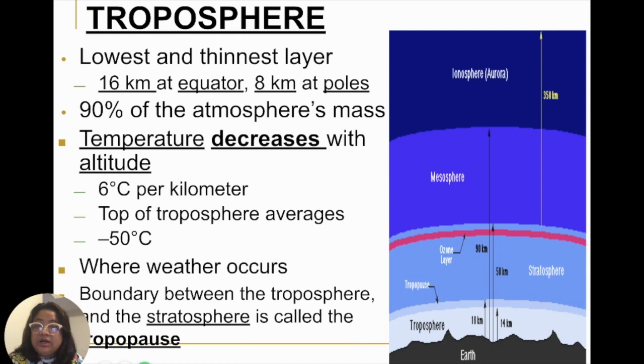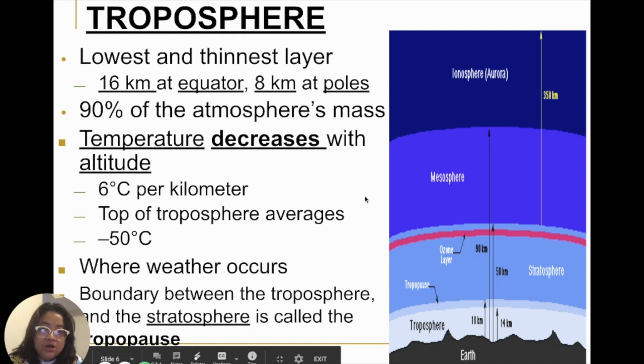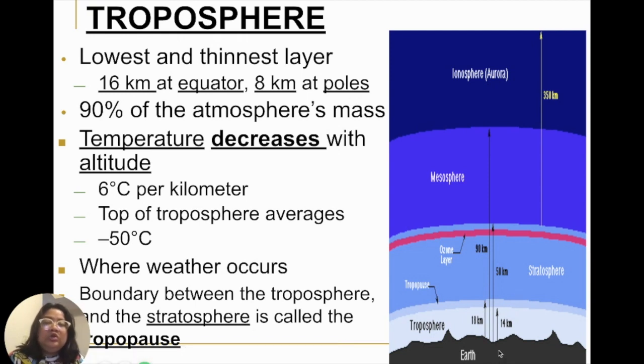The troposphere is the closest to the Earth, so this is the lowest and thinnest layer. It is 16 kilometers at the equator and 8 kilometers at the poles. 90% of the atmosphere's mass is in the troposphere. As you can see here, the temperature decreases with the altitude, by 6 degrees Celsius per kilometer.